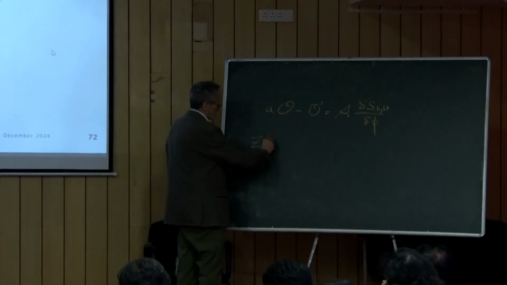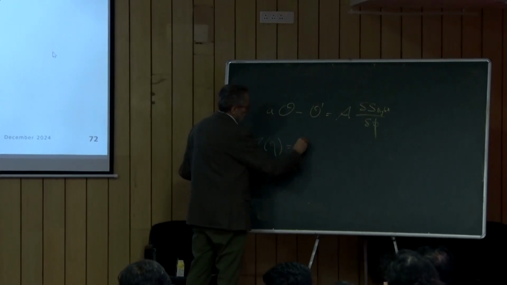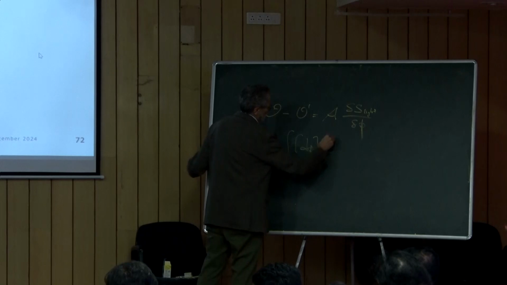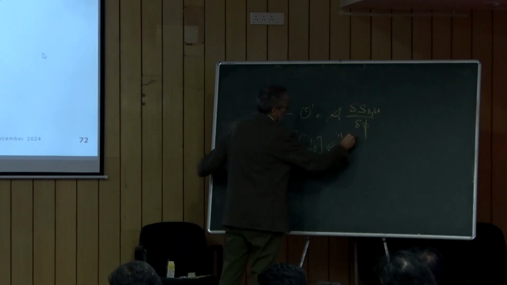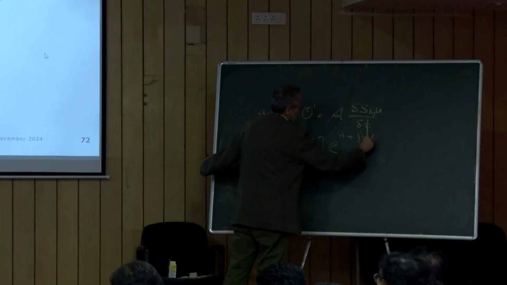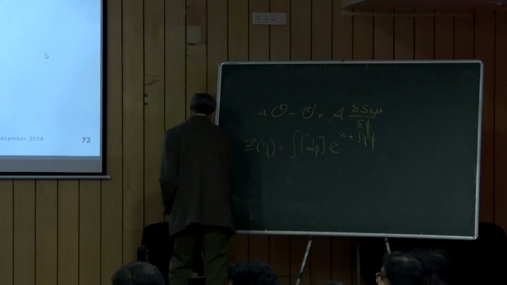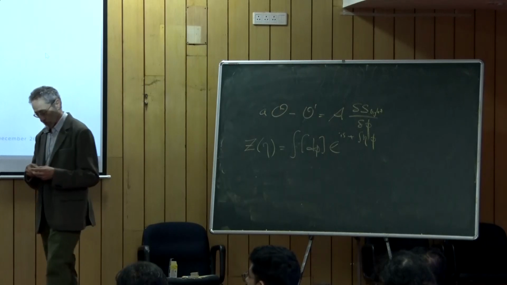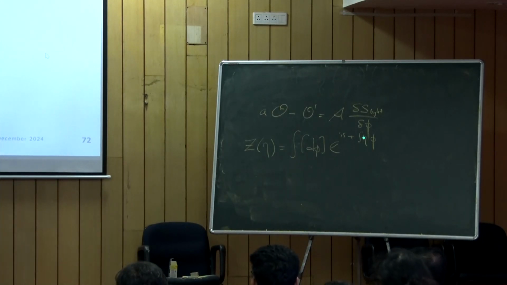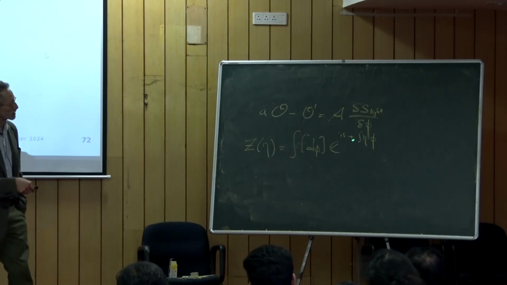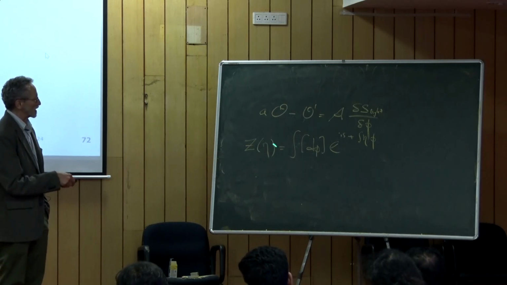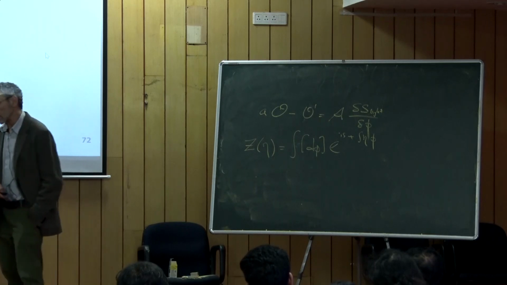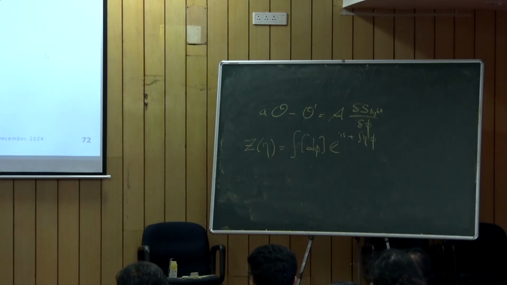You have an expression like this, e to the iS, and then you add a source term, eta phi, so that whenever you want to obtain a correlator, you just take derivatives of Z with respect to this external source, and then eventually set the source to 0.